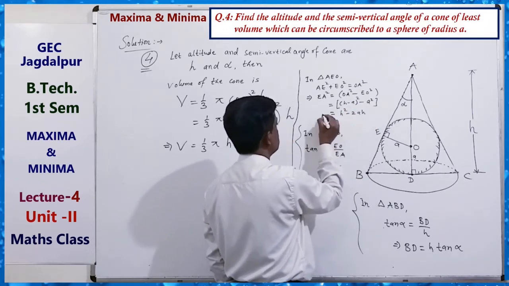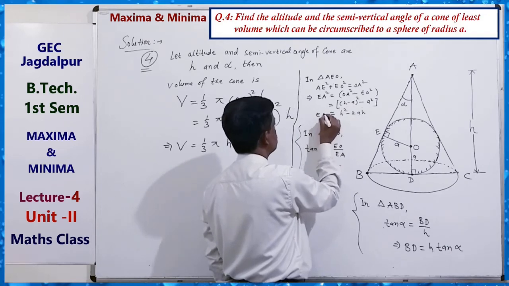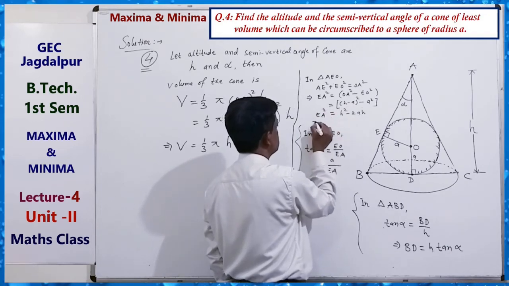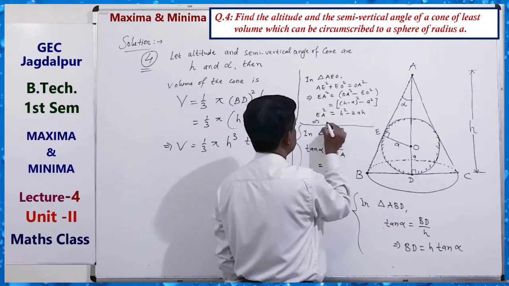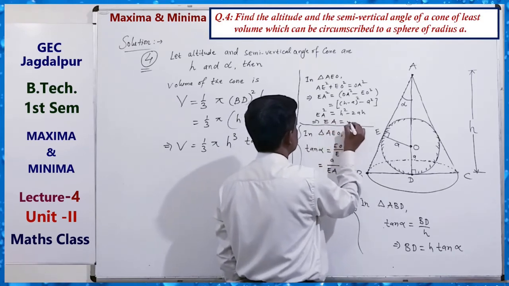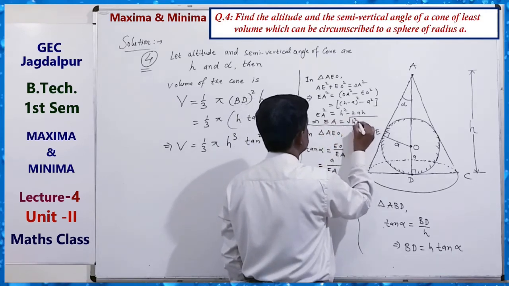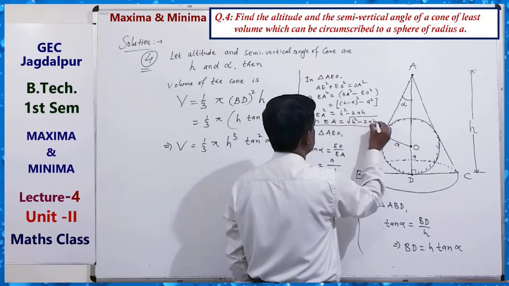The a square cancels. So EA equals root over h square minus 2ah.